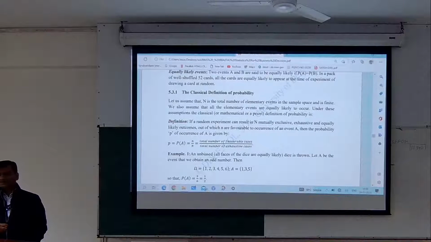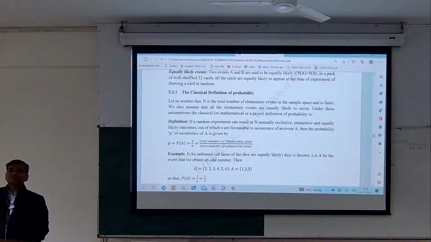If you do an experiment like I roll a die, there are 6 possibilities. So we have n mutually exclusive outcomes. These all 6 possibilities, like obtaining 1 2 3 4 5 6, are mutually exclusive.